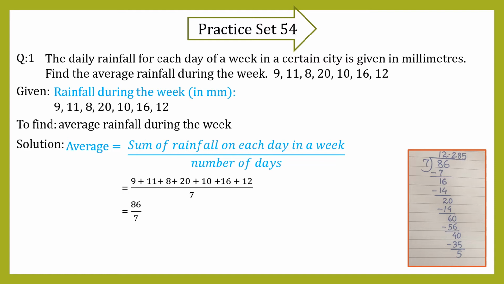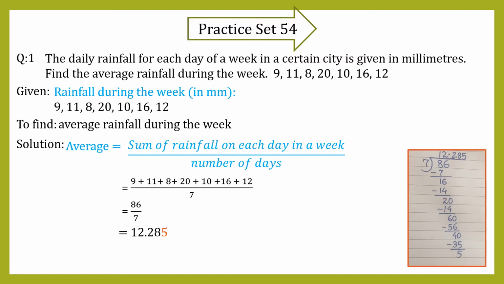After the third decimal place, you can see the remainder is 5. We can do the division ahead, but it is not needed since we need the answer up to 2 decimal places. So we have the answer as 12.285. Now we need to round off this answer up to 2 decimal places.